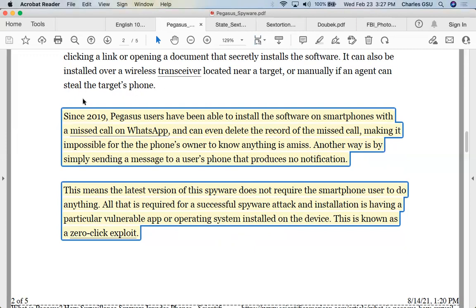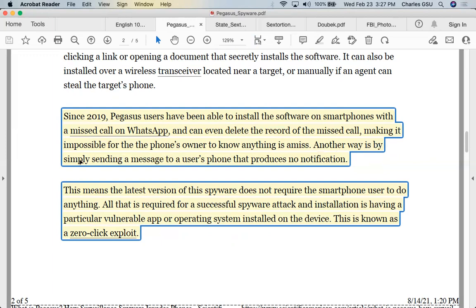Continuing, so Pegasus users, government states, have been able to install the software on smartphones with a missed call on WhatsApp, and can even delete the record of the missed call, making it impossible for the phone's owner to know anything is amiss. Remember, this is by a cybersecurity expert at West Virginia University.